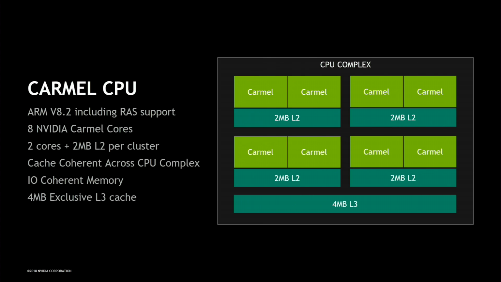We have 4 clusters, and then we have a 4 megabyte L3 underneath those. That is exclusive with the cores. And then we also built cache coherency between these, but also we support full bandwidth IO coherent memory so that all the accelerator traffic can be IO coherent, and we can avoid cache flushing and all the goodness that comes with that.